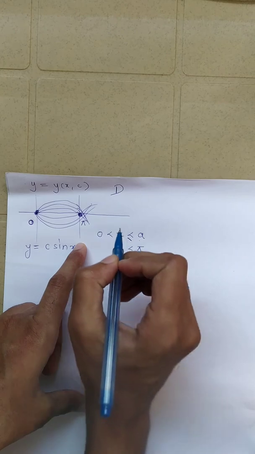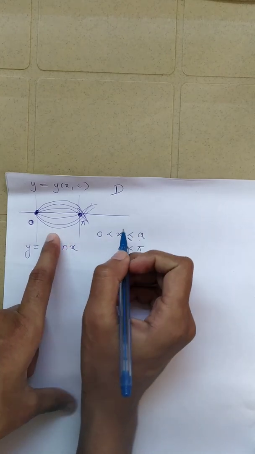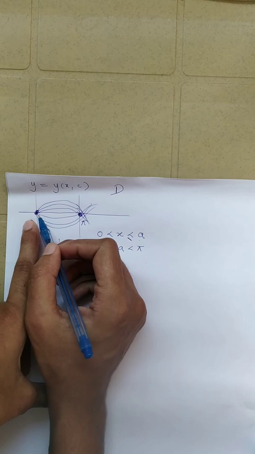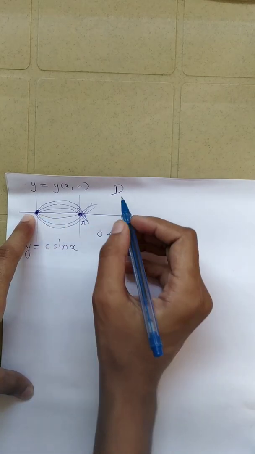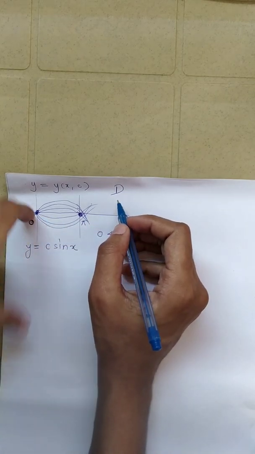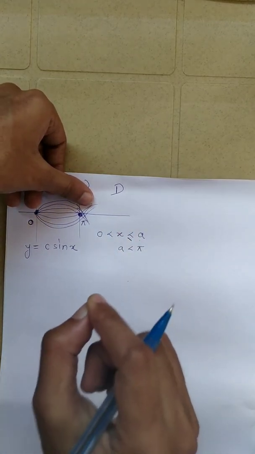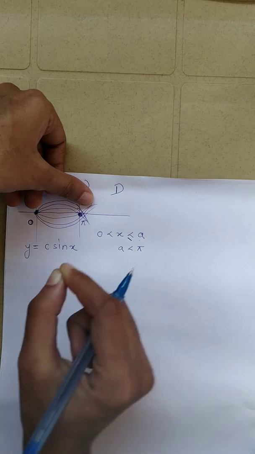In that definition I said that they appear to come from a point lying outside the domain D. Students, note that I want to make a small change in that definition.